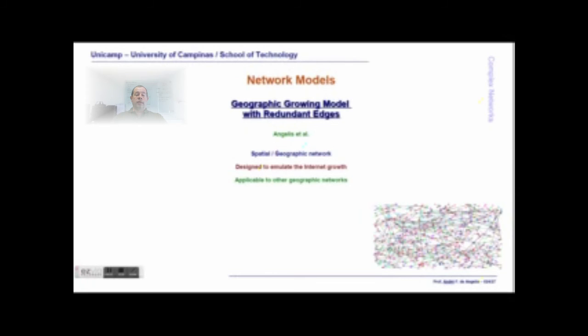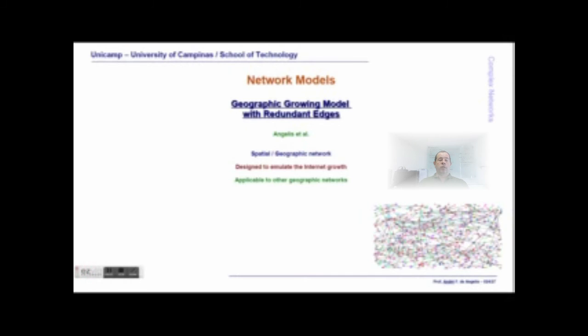Network models that are geometric or geographic are based on the condition that the network is embedded in some physical world, some physical framework if you prefer. Then this physical reality will impose constraints on the network. There are classes of models.